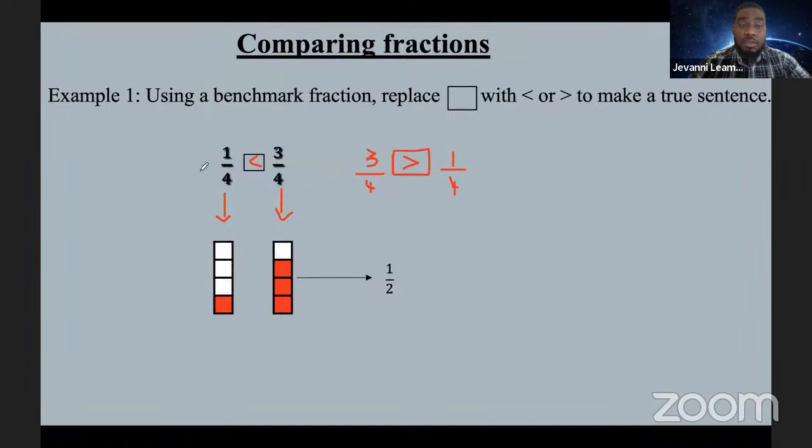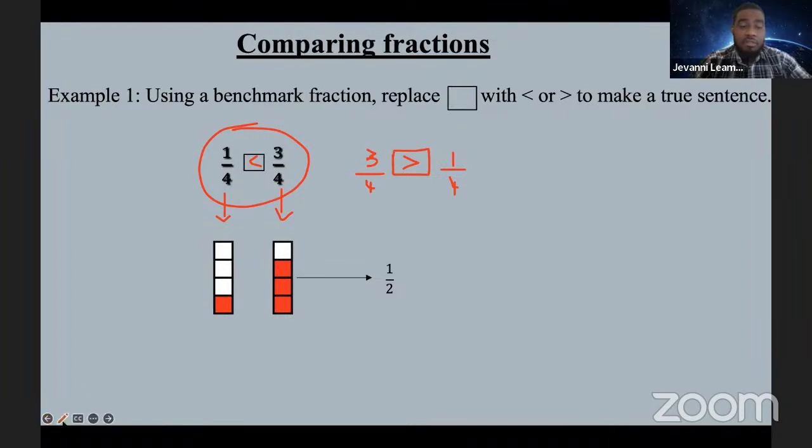Now, for this one over here that I'm trying to circle, this one would read a quarter is less than 3/4. So you see the difference? Once you see the greater fraction on the left side, you normally put the greater than sign, right? In most scenarios.